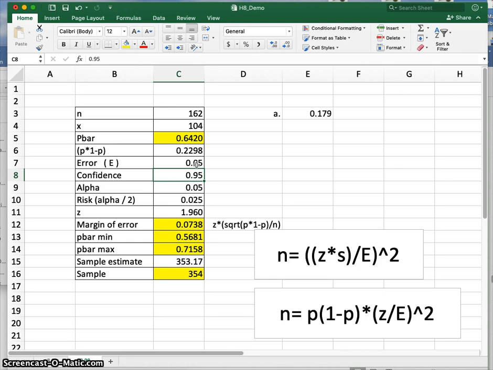So I calculated a confidence interval for a sample proportion, and I calculated the required sample size that would be needed to get within a certain margin of error. So I hope that helps you with Chapter 8.